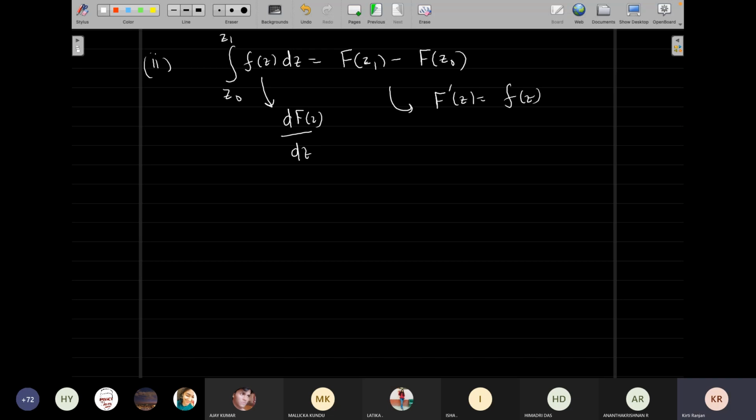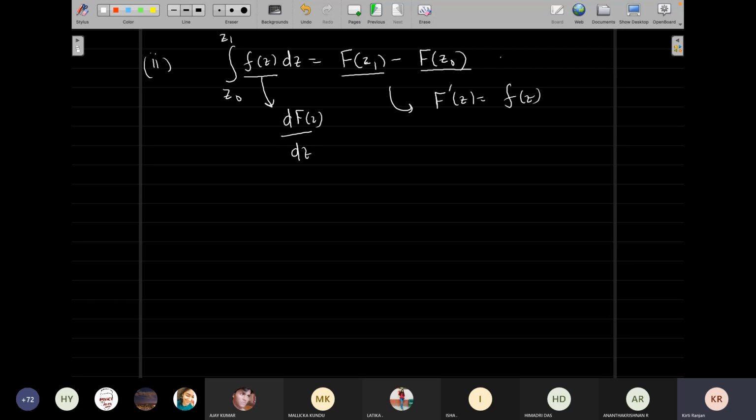For an analytic function, since this integral only depends on the points z0 and z1, that means if there exists dF(z)/dz in general, then you can always write your result like this, because it does not depend on the path.